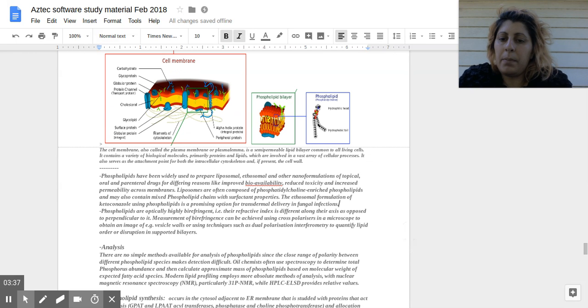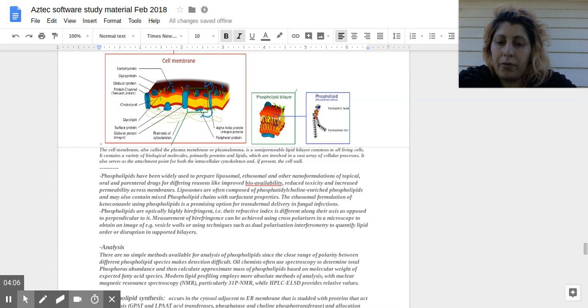Analysis. There are no simple methods available for analysis of phospholipids since the close range of polarity between different phospholipid species makes detection difficult. Oil chemists often use spectroscopy to determine total phosphorus abundance and calculate approximate mass of phospholipids based on molecular weight of expected fatty acid species.